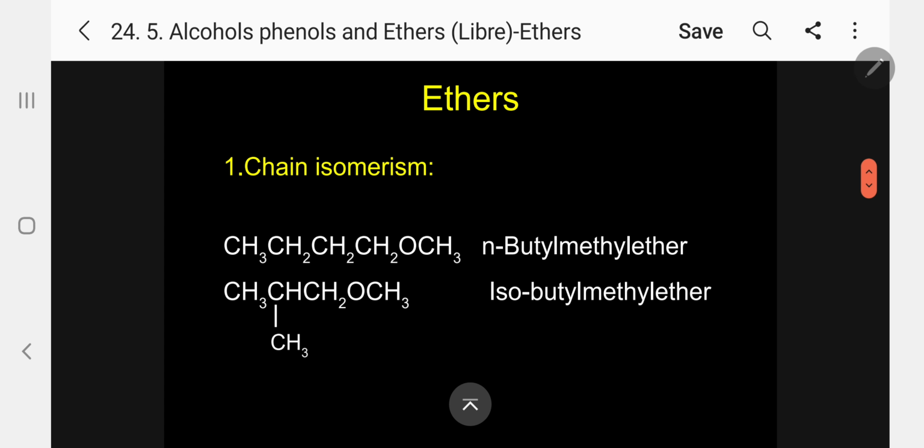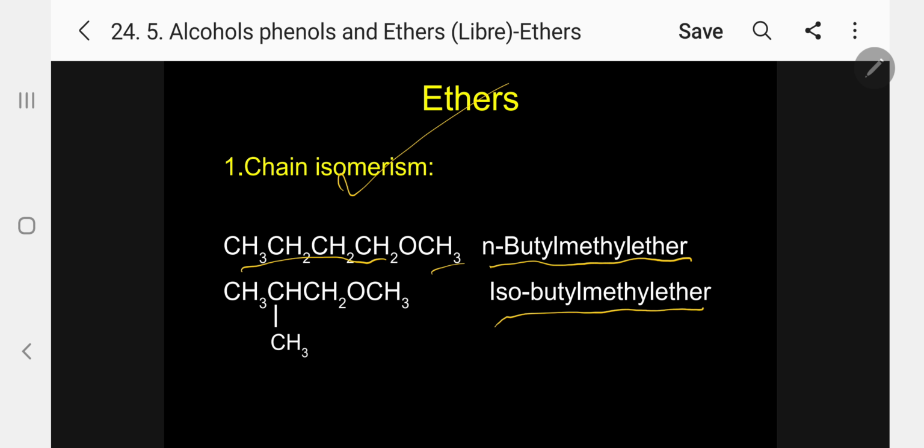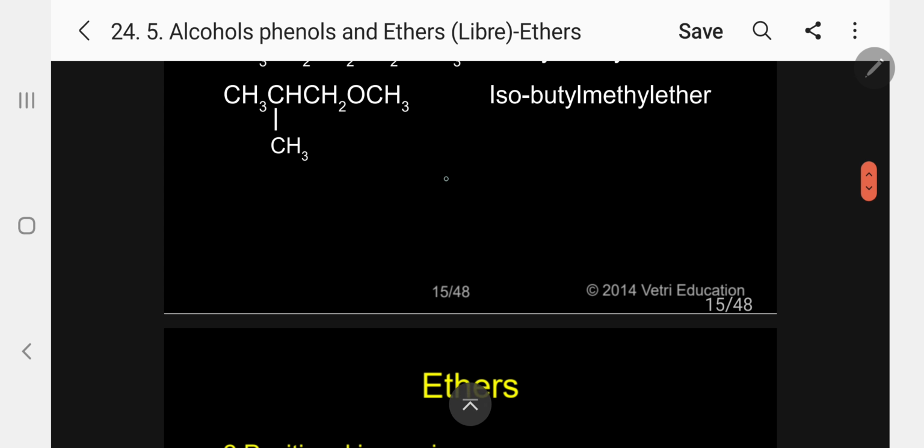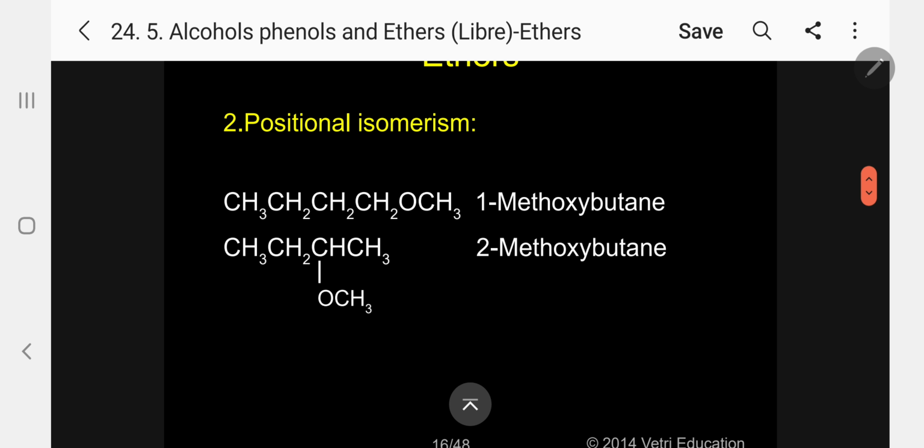So let me give you examples of possible isomerism. Chain isomerism, specific example: this is n-butyl methyl ether, common name, and isobutyl methyl ether. Examples of chain isomerism. Positional isomerism example: 1-methoxybutane and 2-methoxybutane, IUPAC names.